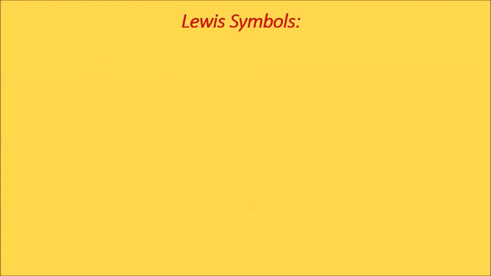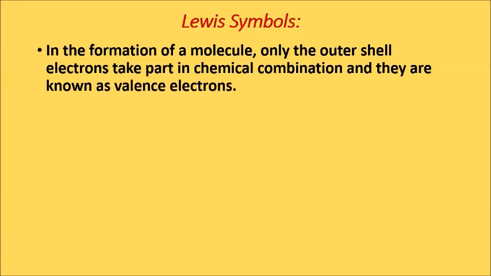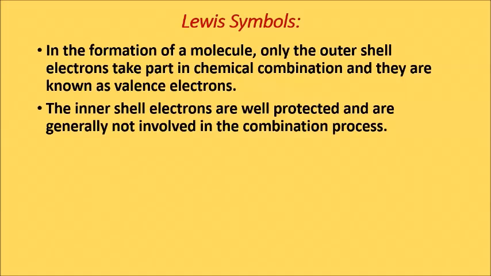Now let's see what Lewis symbols are. In the formation of a molecule, only the outer shell electrons, the valence electrons, take part in the chemical combination or bond formation. The inner shell electrons are well protected and do not take part in bond formation.